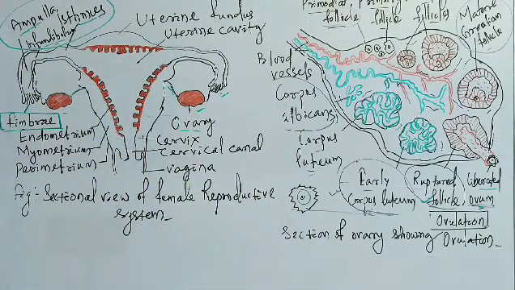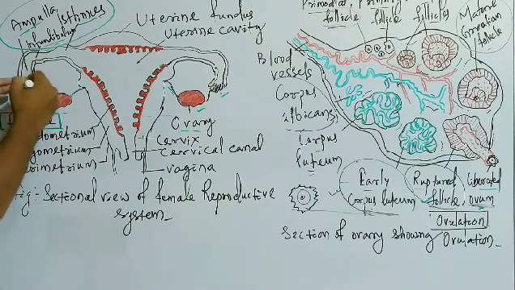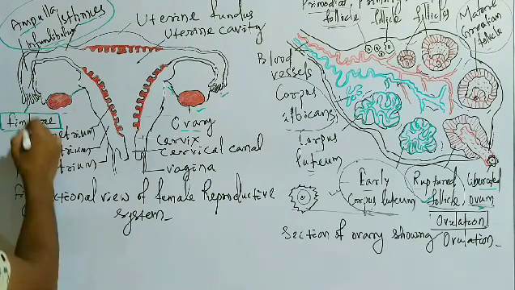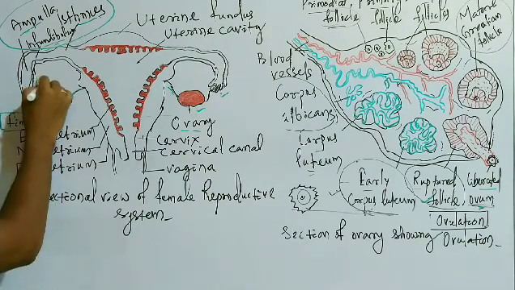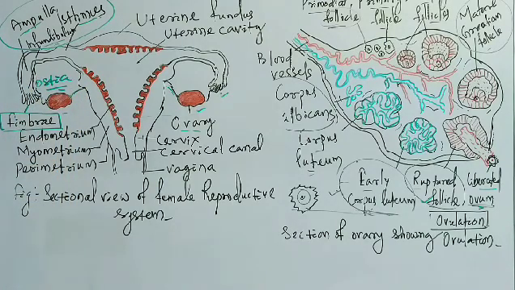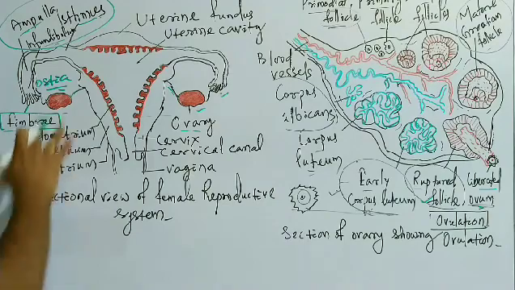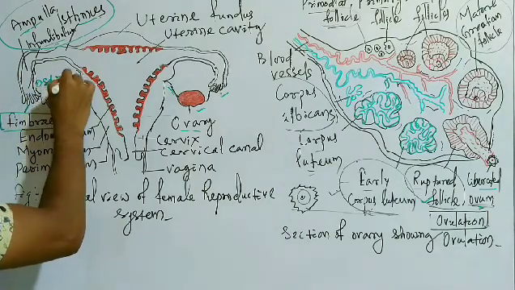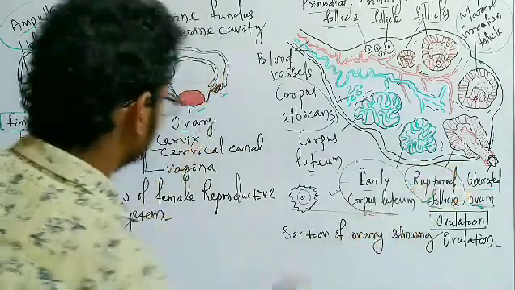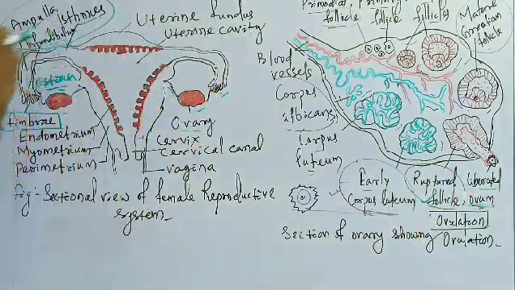Clear? The infundibulum at the end forms a funnel-like structure where the finger-like projections are, and here the opening is also there, which is called the ostium. This ostium receives the newly liberated ovum and takes it into the oviduct.